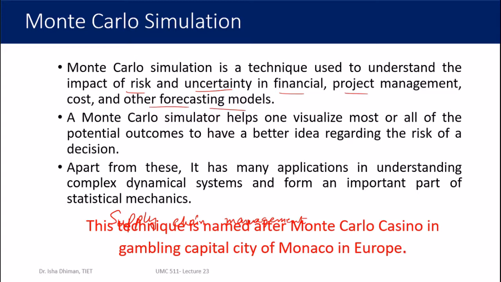All the world-famous casinos are present there, and Monte Carlo is a very small area in Monaco. Because gambling and all these things are random, the simulation which we run to understand randomness and uncertainty makes a connection there. That's why the simulation is called a Monte Carlo simulation.